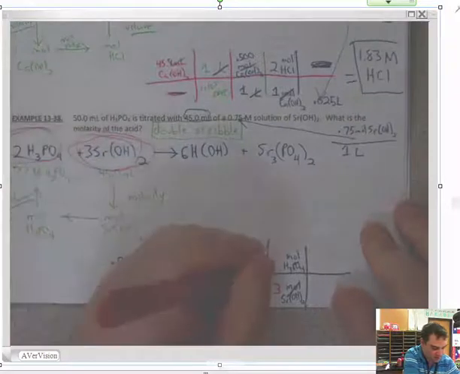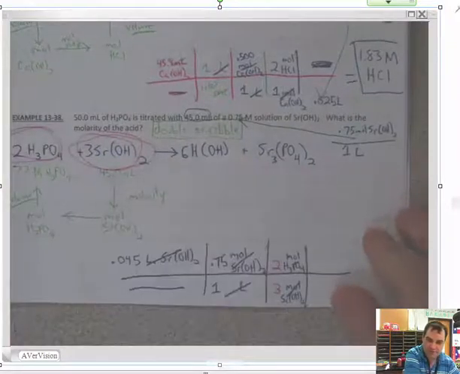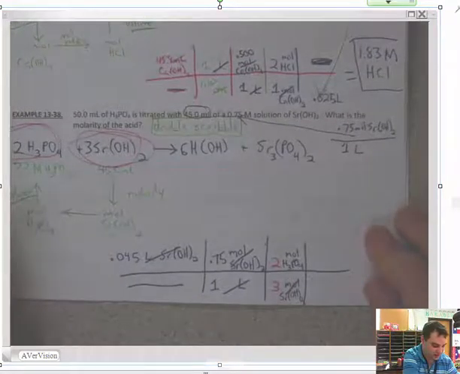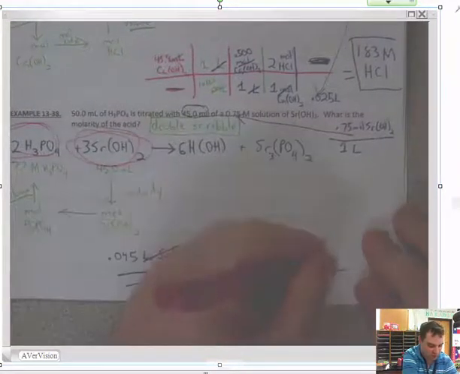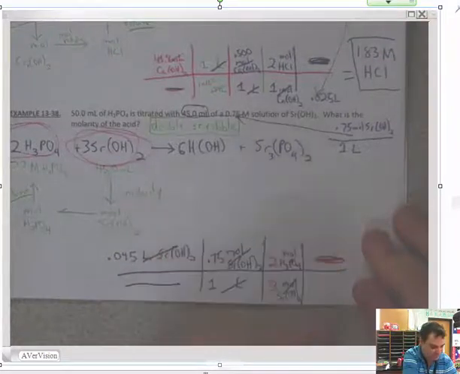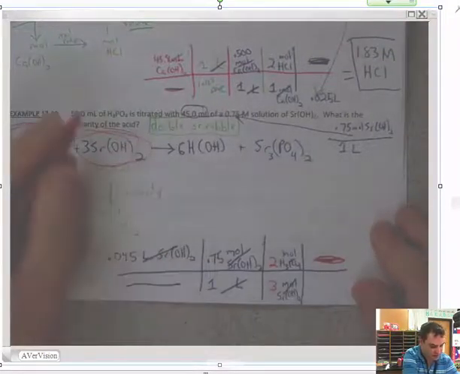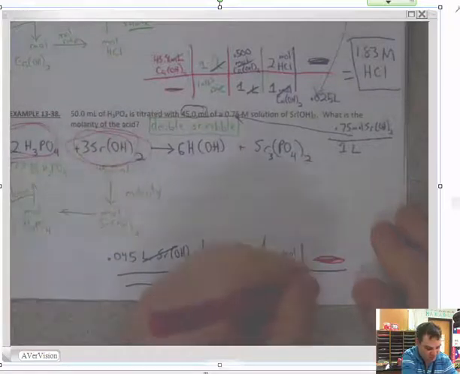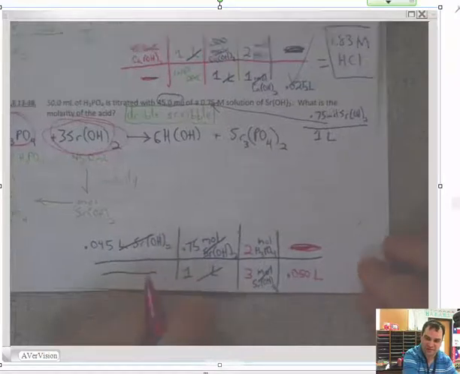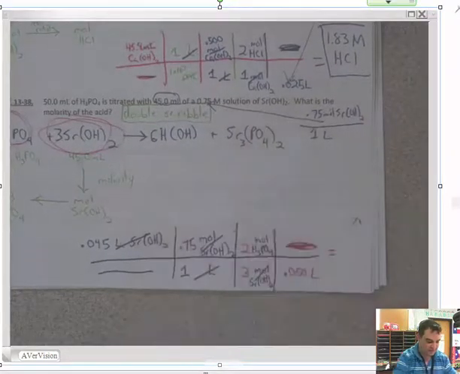Wham, wham, wham, wham, 2. And then we're going to do to molarity here, so this is double scribble. Okay. And our last volume is 50 milliliters, so this is going to be 0.050 liters. And we're going to solve.